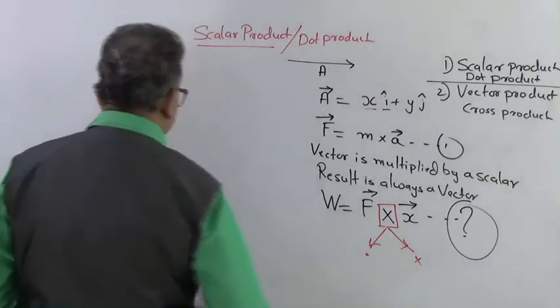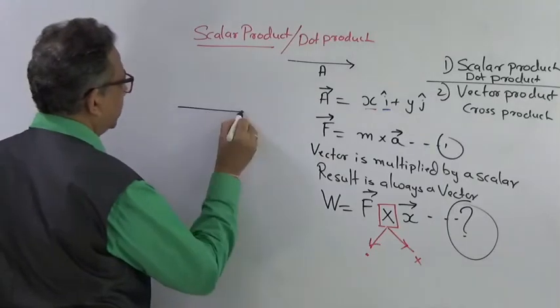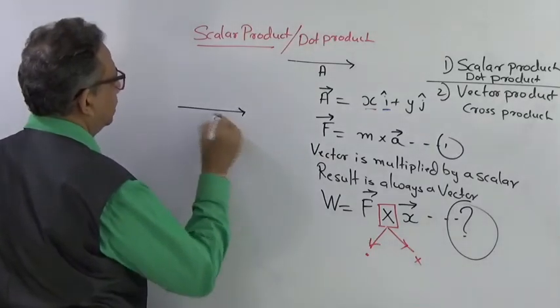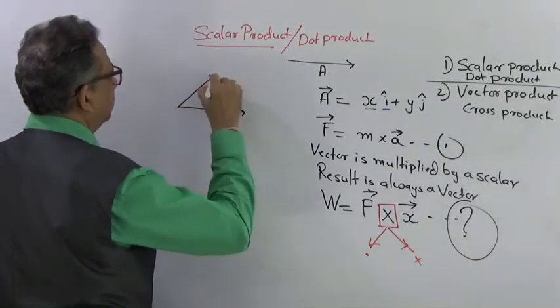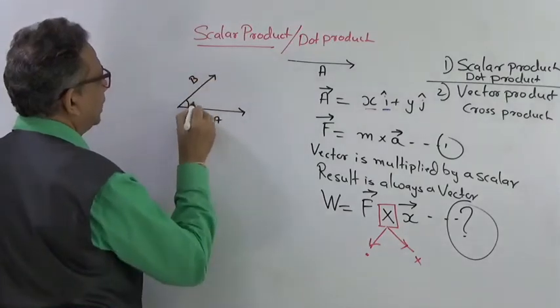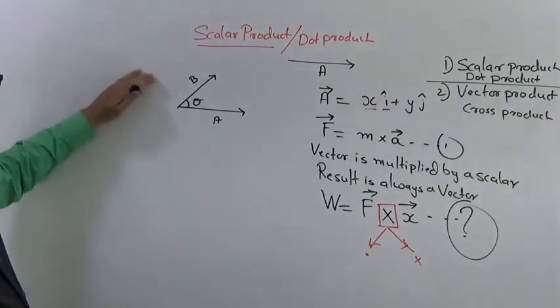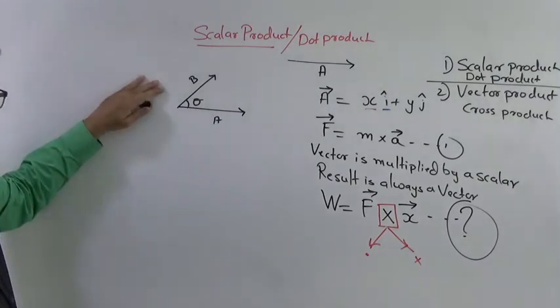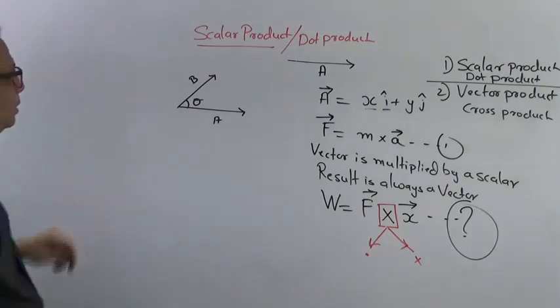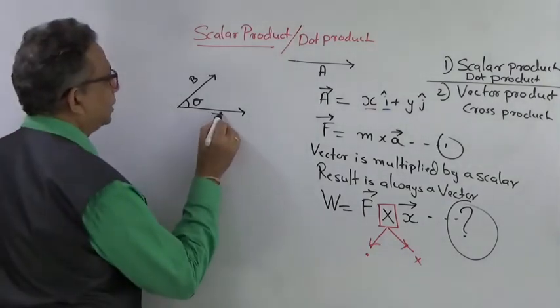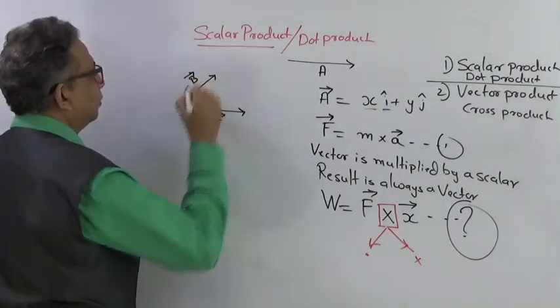Now if there is a vector A and another vector B at an angle of theta. Let us come back to the same old method that we used to do, that there are two vectors, one is a vector A and another is a vector B, right? Because it is a vector, I have to show this with an arrow on that.